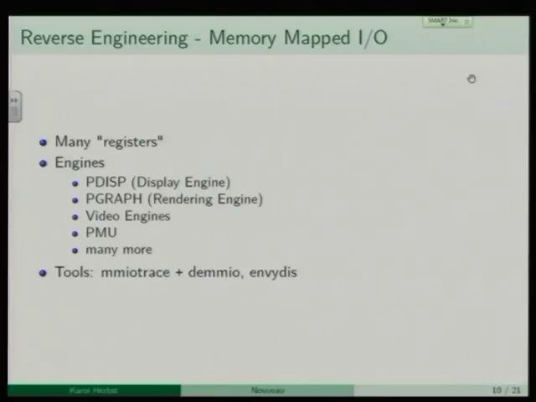The PMU is a small chip for power management, where you can, if you don't want to depend on the host or the kernel, which could crash or be busy with other stuff, do various things like fan control, reclocking, reading out temperature, and raising alarms. And some tools we use for this is Mmiotrace. I doubt anybody heard of it. Does anybody know what the Mmiotrace is?